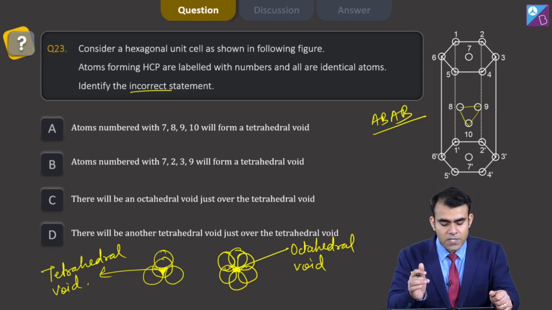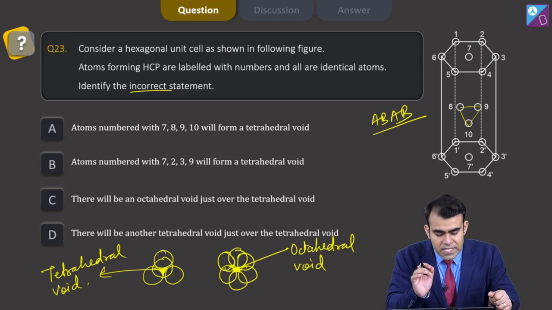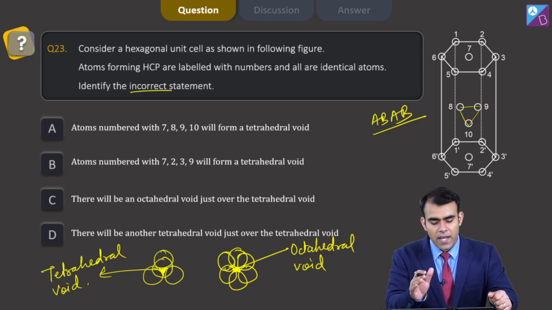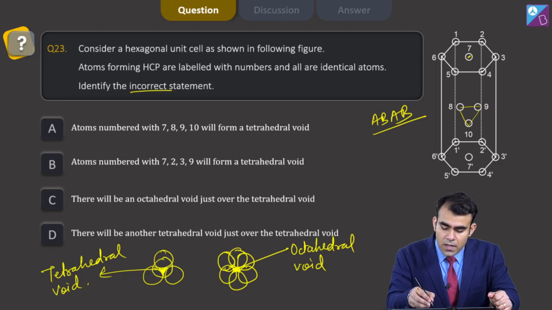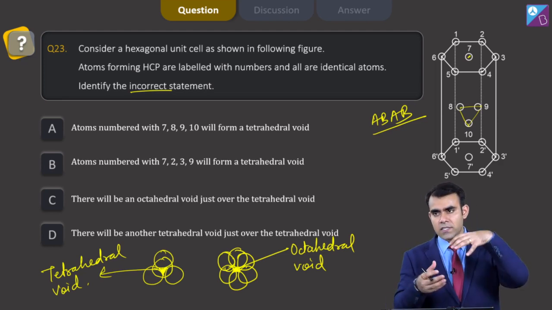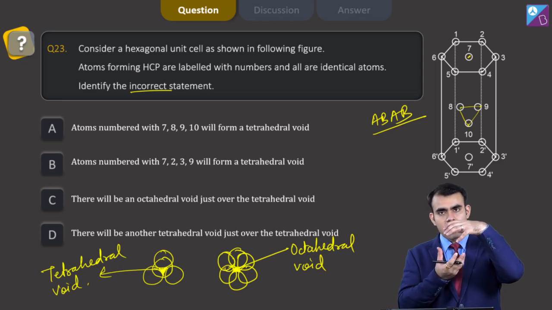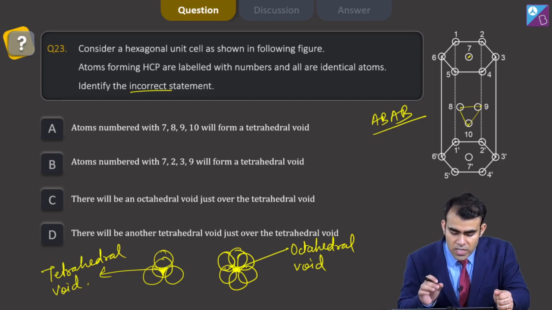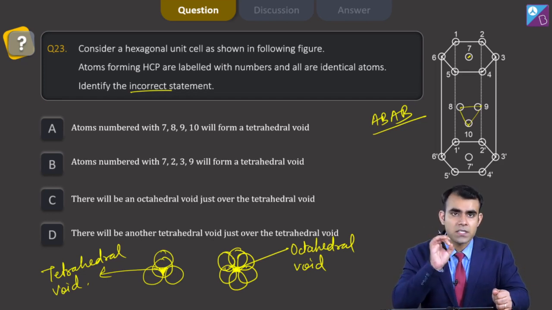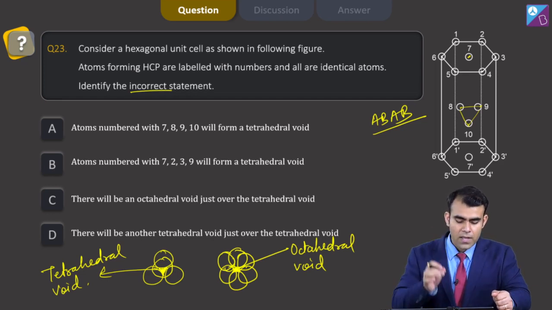Now you have to look for such formations. So here in option 1 we have atoms numbered 7, 8, 9 and 10 will form a tetrahedral void. Now if you look at this in 3 dimensions, it looks like it is forming a tetrahedral void. So yes, this statement is correct, but this will not be the answer.